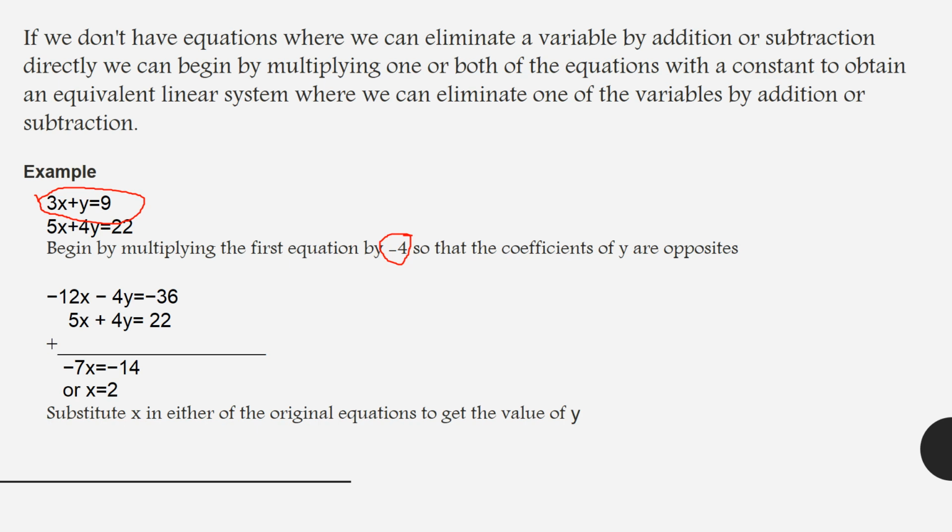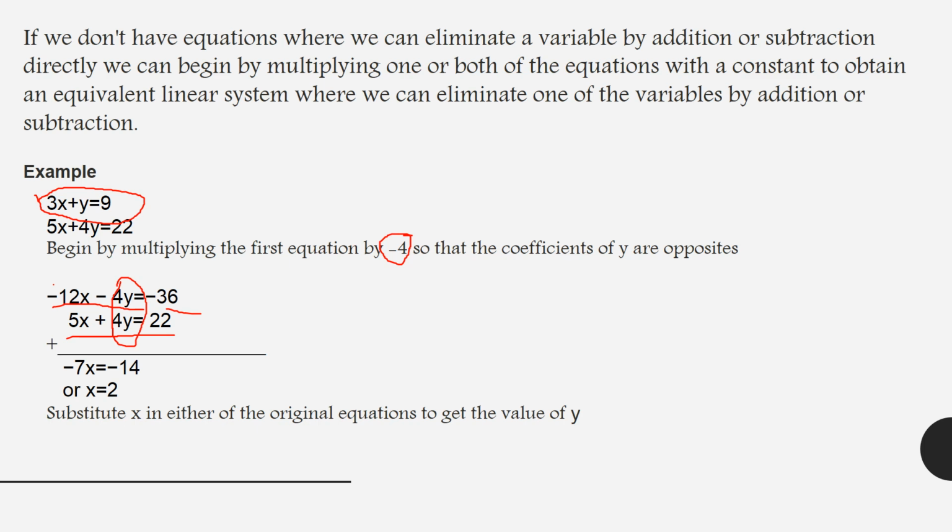Now 3x plus y multiplied by minus 4 becomes minus 12x minus 4y, and 9 becomes minus 36, and the other equation is written as it is. When we add, the minus 4y and plus 4y cancel each other. We are left with minus 7x equal to minus 14, which gives x equal to 2.